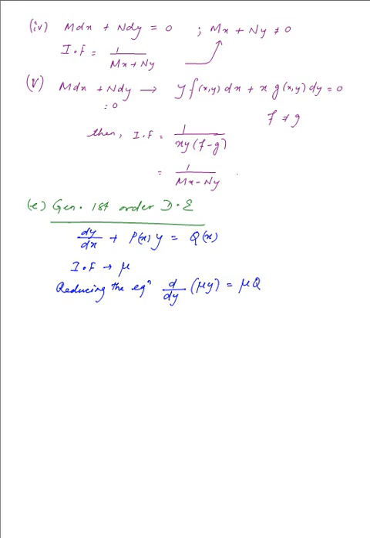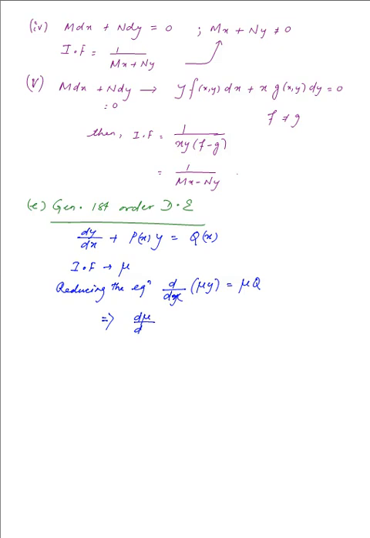Let's see where we are getting. So let's continue with this, where mu and y are two separate variables. So you have d mu divided by d, oh, did I write y? So this is x.